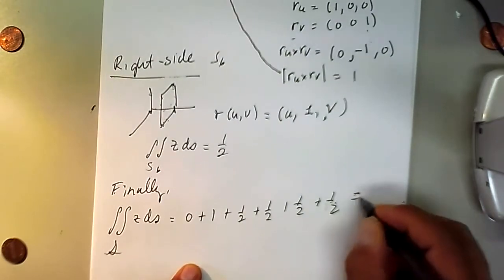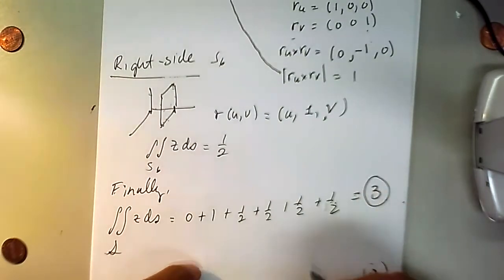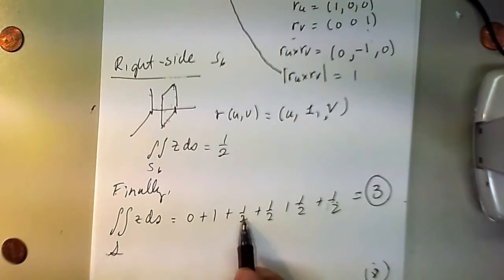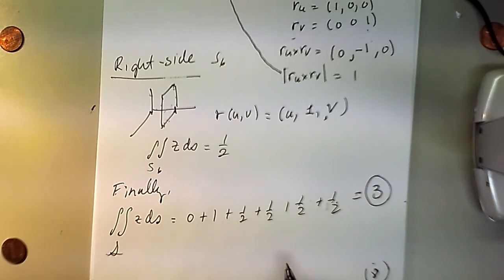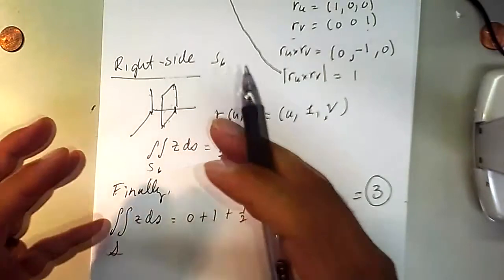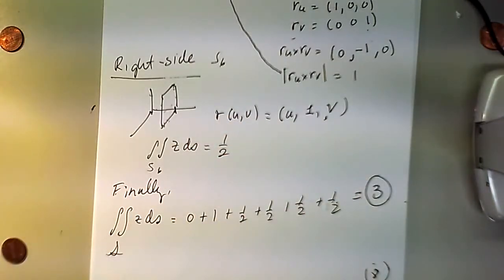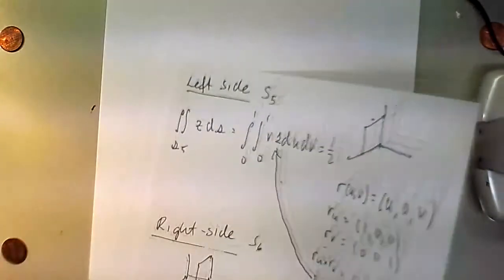So the final answer is 3. Interesting. So that is the double integral of z over the entire surface around the cube. As you can tell, these examples are not trivial.